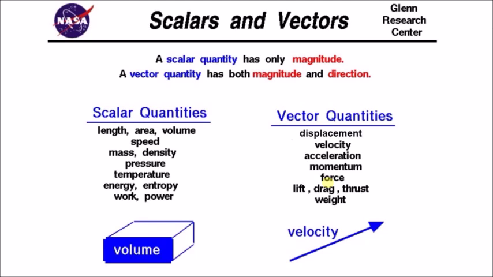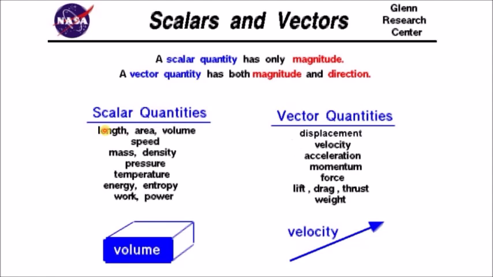Vectors and scalars, that's a nice image that I found on the NASA website. That image is showing the quantities for scalars and the quantities for vectors. For vectors, we'll talk about displacement, velocity, acceleration, momentum, force.